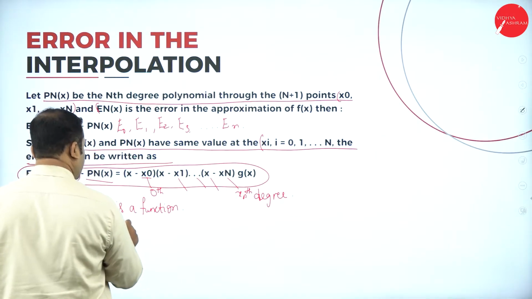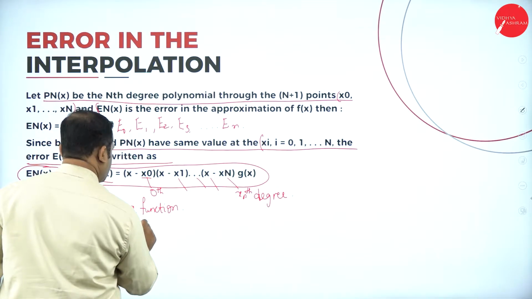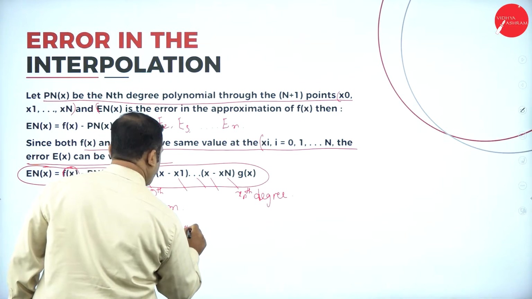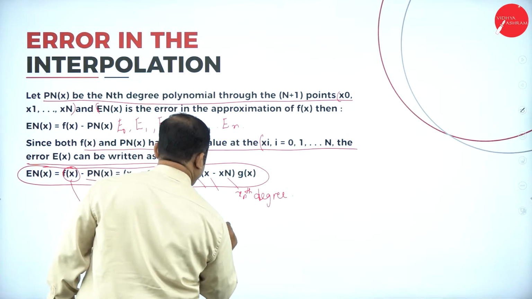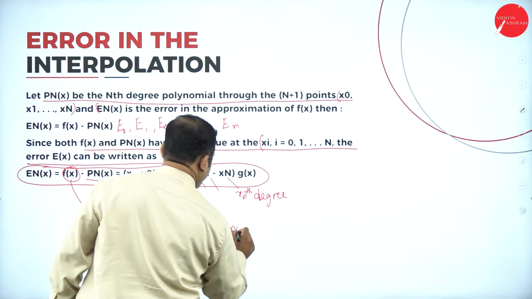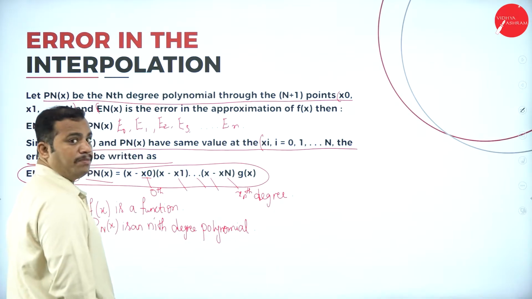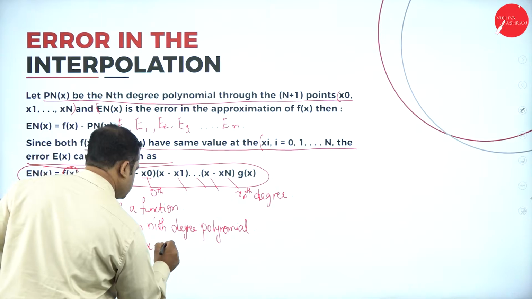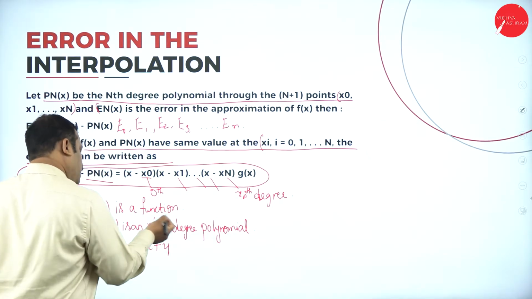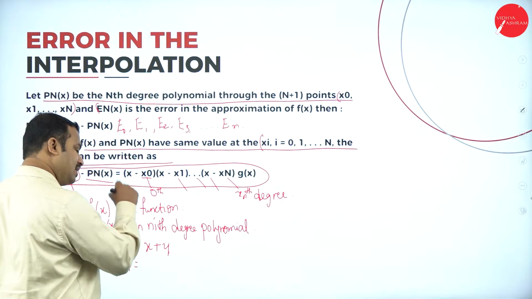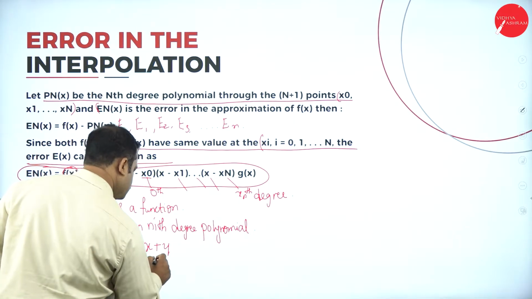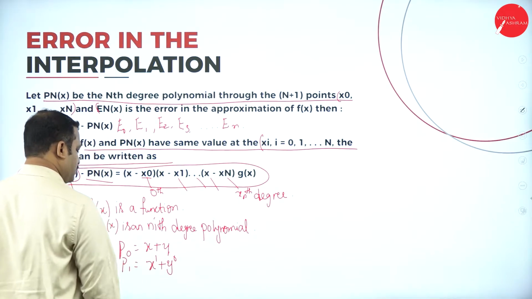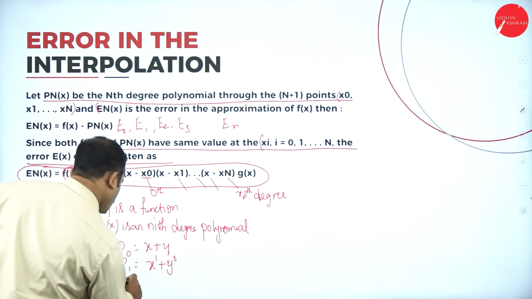Which is going to be subtracted is an nth degree polynomial. The nth degree polynomial indicates that P0 indicates a constant. P1 indicates the first degree, x power 1 plus x power 0. What is P2 of x?